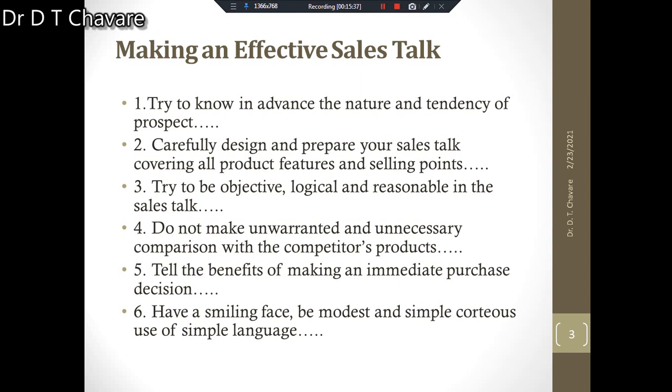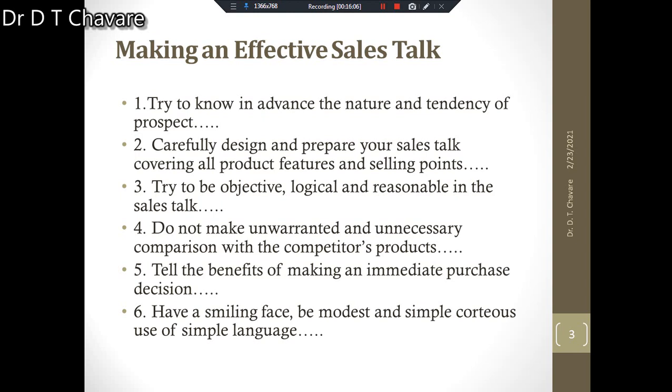It involves a dialogue between the salesman and prospective buyers. Effective sales talk ensures the fruitfulness of the interaction. In order to make it effective, a sales talk has to be properly designed and carefully and cleverly made.